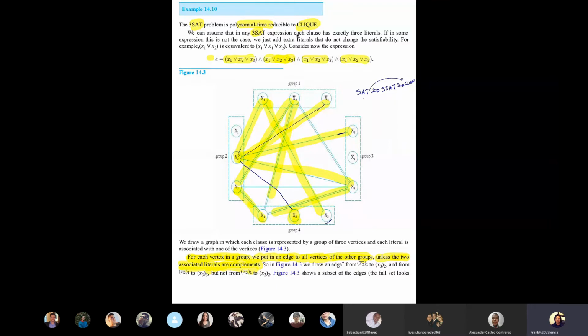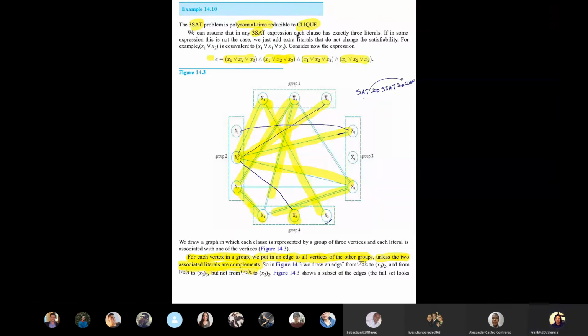Take, for example, the negation of x1. This one. If you put x1 to false, then this will be true, right? And then this also will be true, the negation of x1. So the idea is to be able to put one of these to 1.